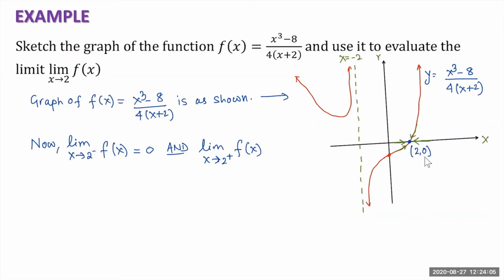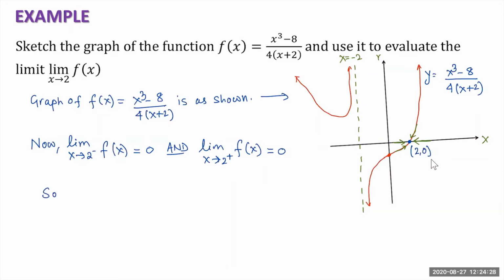So from both sides, the value of the function approaches 0. Both are equal, meaning the limit exists and the limit is equal to 0.